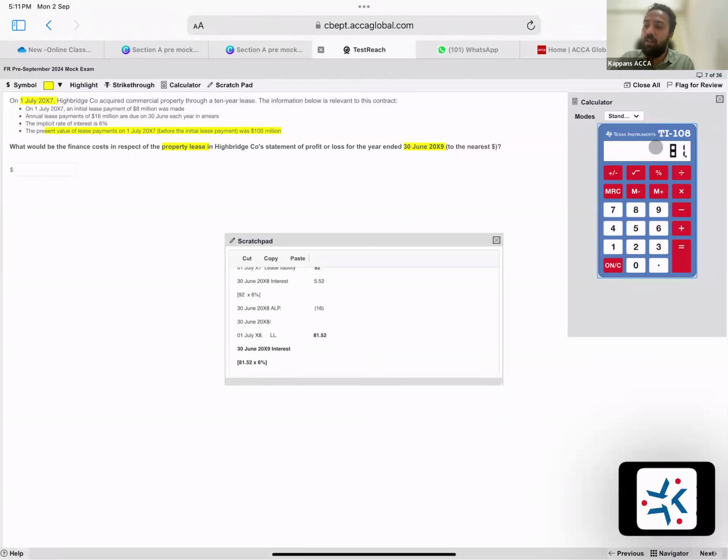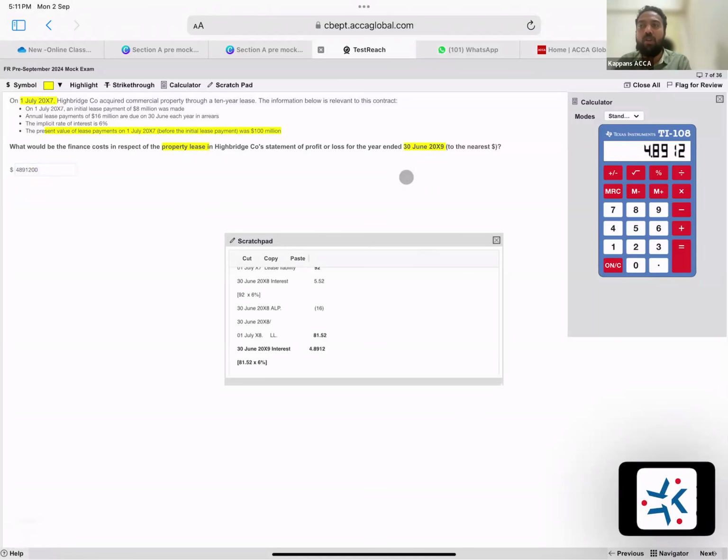So 81.52, the lease liability, multiplied by 6% is equal to 4.8912 million. So this has to be shown in entire millions dollar value. So 4.8912 million will be 4,891,200.